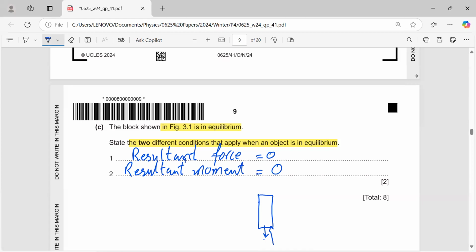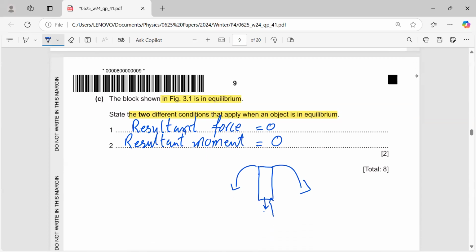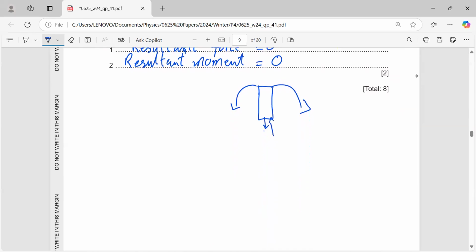Like the clockwise moment and anti-clockwise moment, these two should be equal. So clockwise moment and anti-clockwise moment are equal to each other. That's why we are getting the resultant zero and the object is in equilibrium.